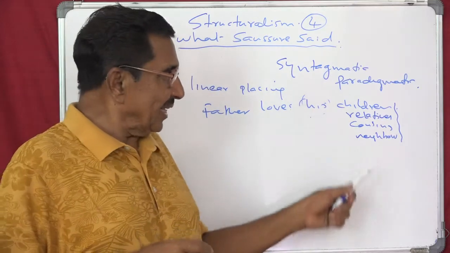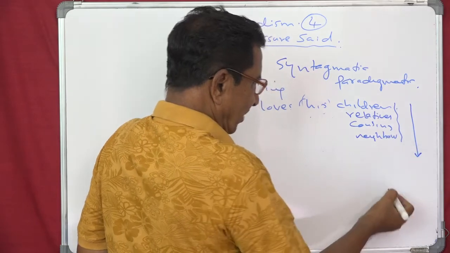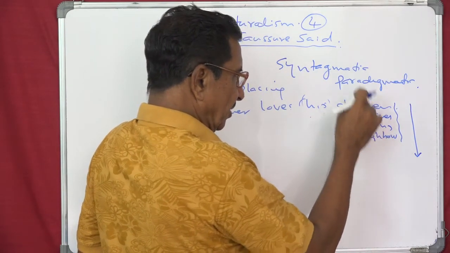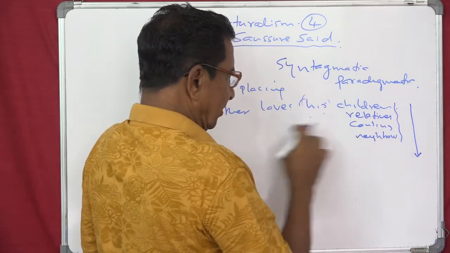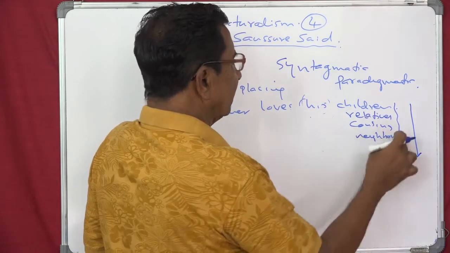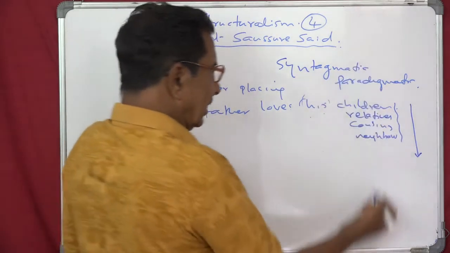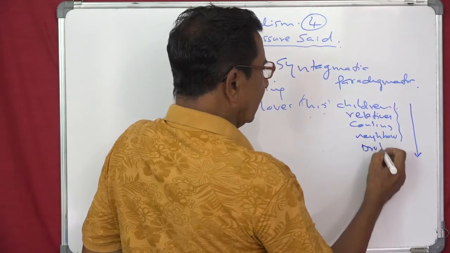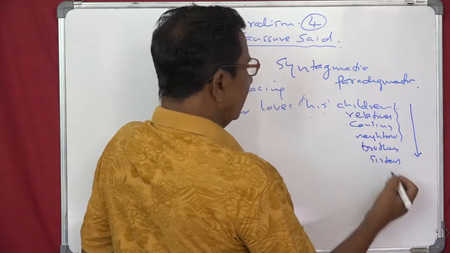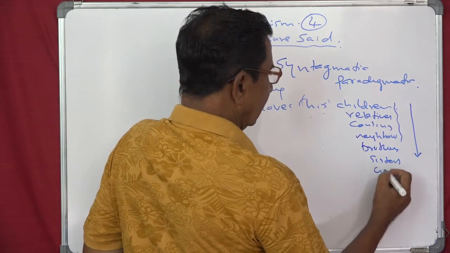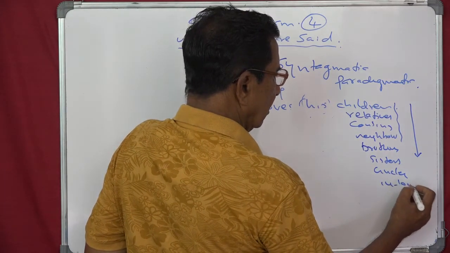So paradigmatic relation means vertical. This is vertical. Means this can be substituted: father loves his children, father loves his relatives, father loves his cousins, father loves his neighbor, father loves his brothers, father loves his sisters, father loves his uncles, father loves his in-laws, like that.